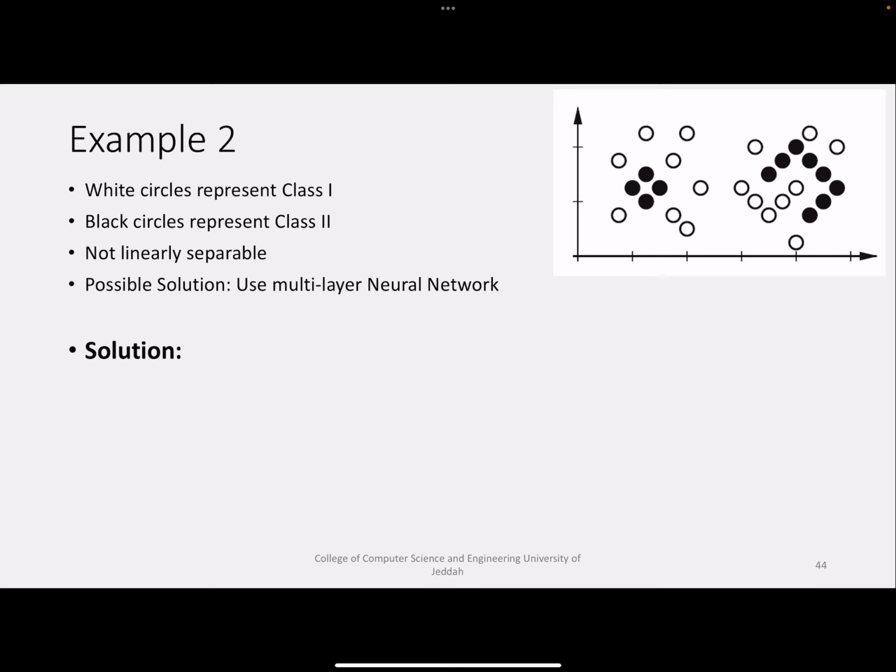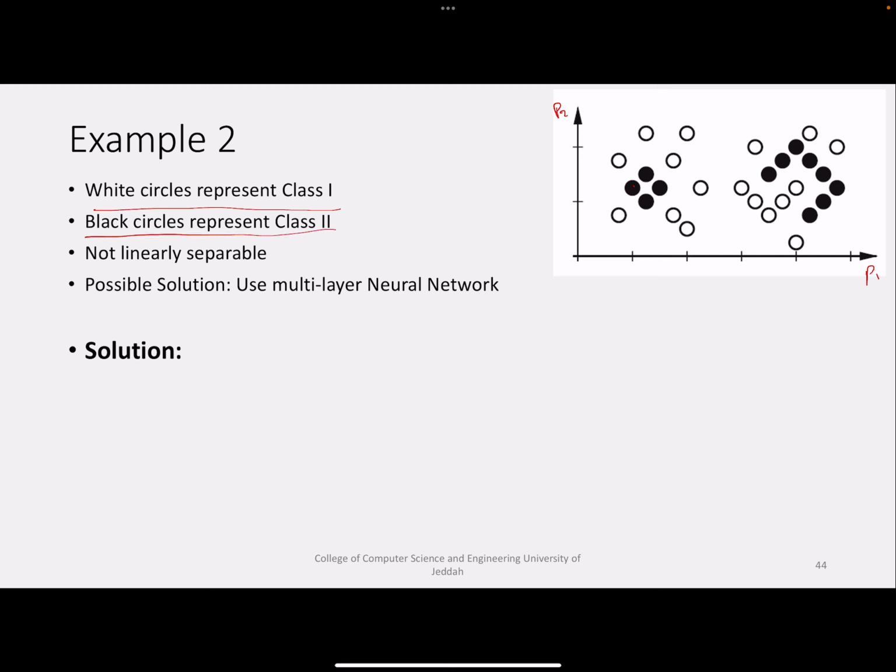This is still a binary classification problem, but as you can see over here, the prototypes represented by black markers on the XY plane, in the P1, P2 plane. Those represent class 1. I'm sorry, the white circles represent class 1.